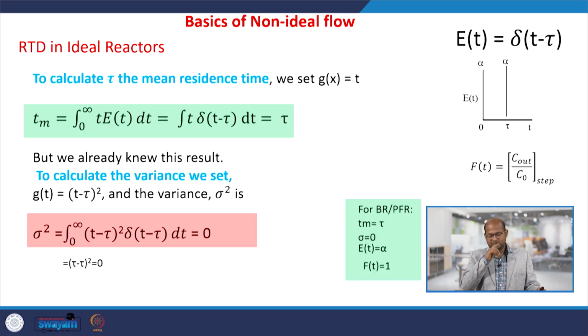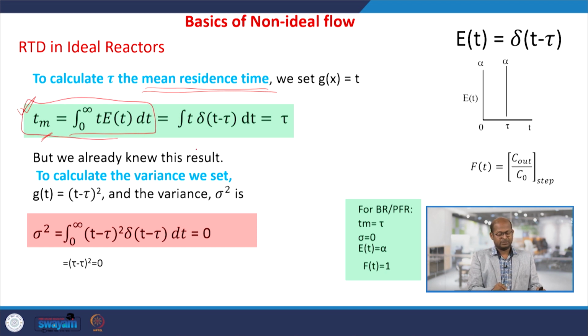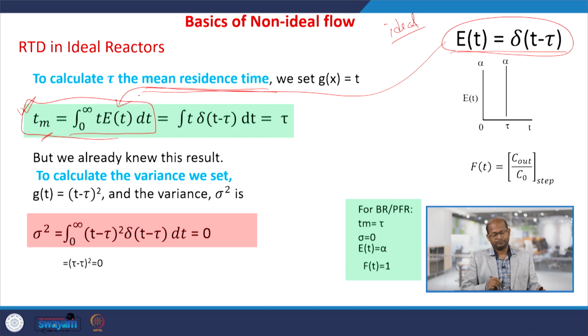Now the mean residence time, tm, is usually expressed mathematically this way. For ideal reactors, the residence time distribution function E(t) is expressed this way, so we can substitute it here. Then tm equals the integral of t delta(t - tau) dt, and the result of this would be tau.